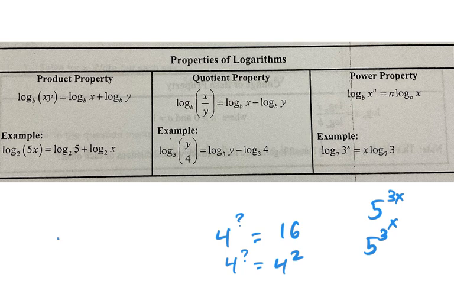And then we talked about if we have 5 to the x plus 7, we could write this as 5 to the x times 5 to the 7th. So that's the stuff that you need to know at this point. We need to be good with that. And now we're going to add 3 more properties, which is the product property, the quotient property, and the power property.